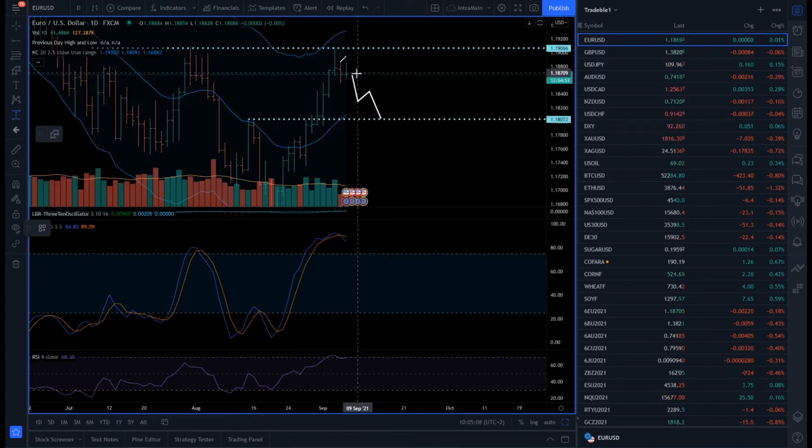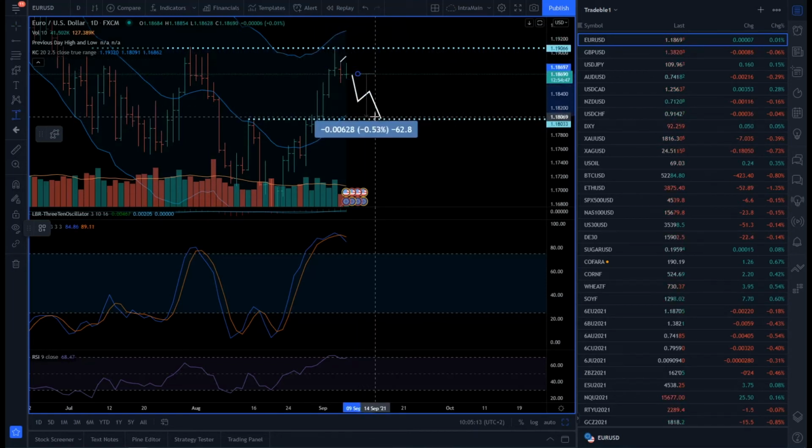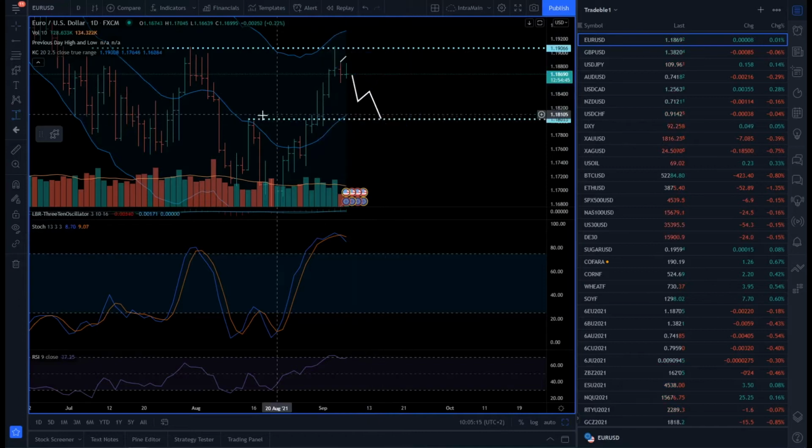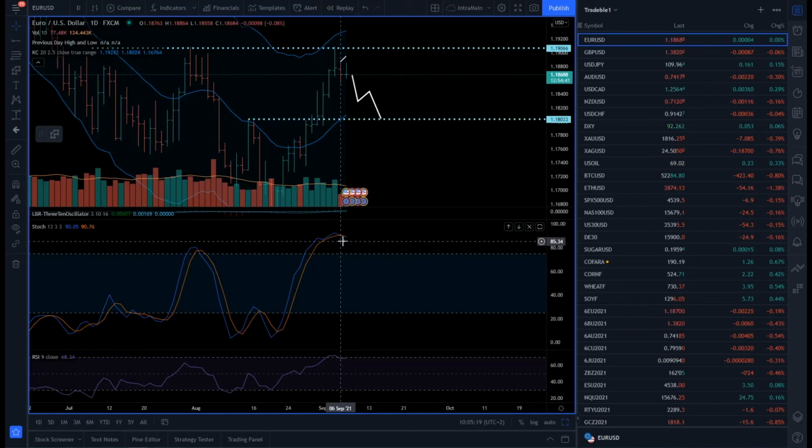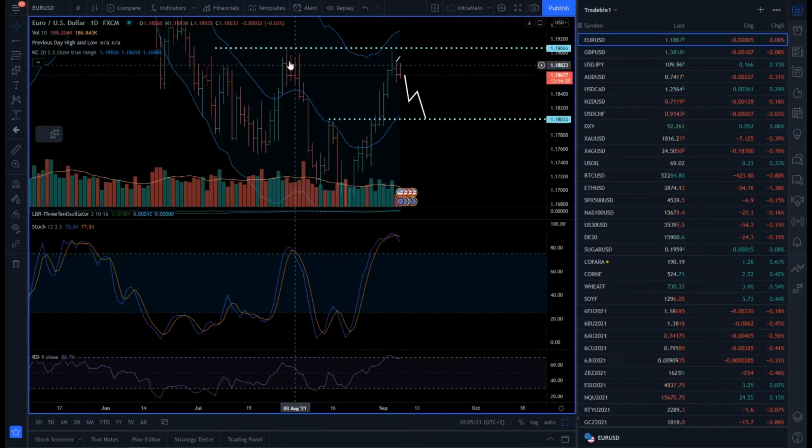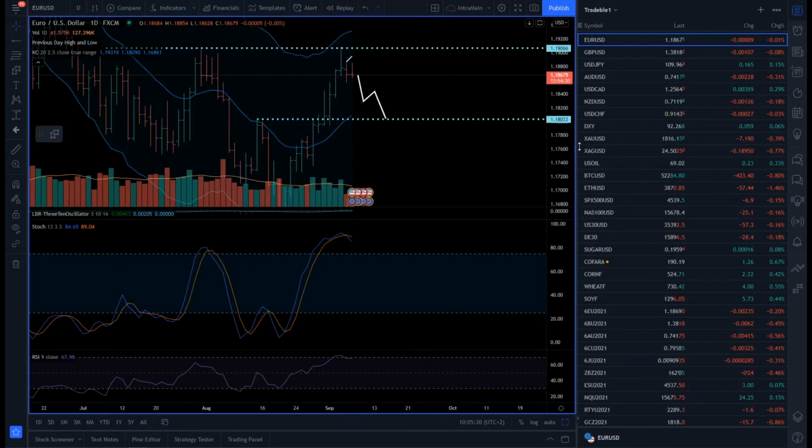So there is at least 70 pips of space, right? Which is about a 1 to 2 risk-reward ratio just to the most recent swing high on the daily time frame. This is the daily, so a fresh bear cross, rejection from resistance, and lower low, lower high that we got yesterday. So watch for selling opportunities on the euro.